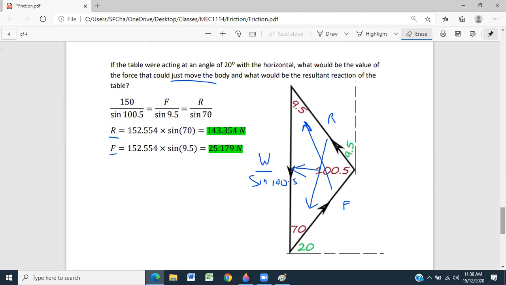Excuse me, sir. How did we get the 152.544? Well, we divide this out, and then we carry over and multiply.